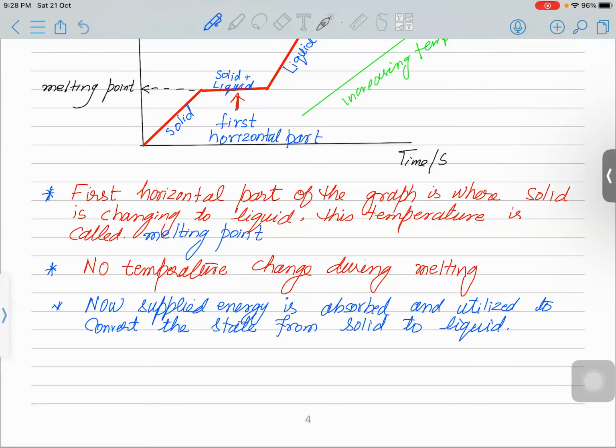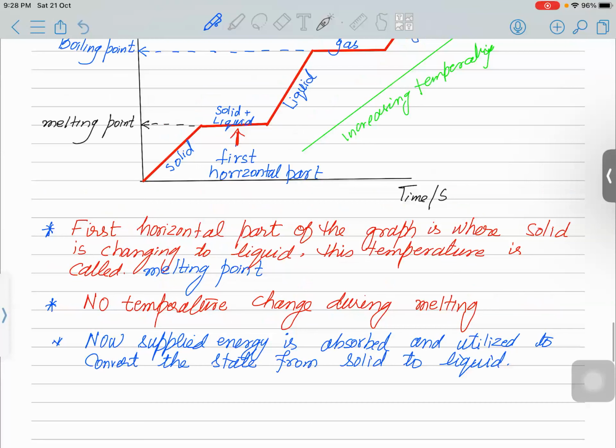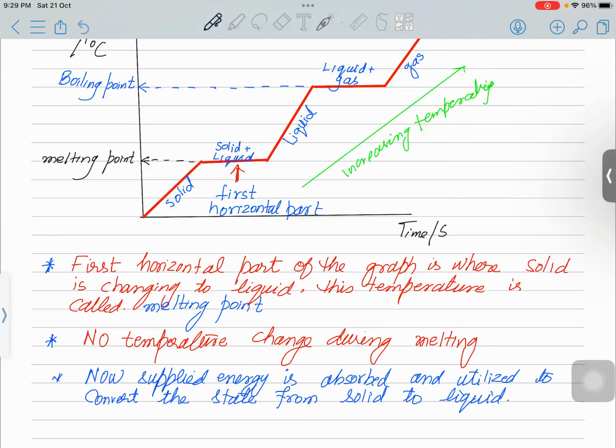Saad, can you explain it again? Sir, during this horizontal part, it's where the solid changes to liquid. The supplied energy is used for internal energy, the bonds break, and it's used to change the state from solid to liquid.